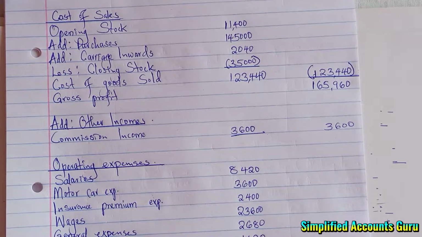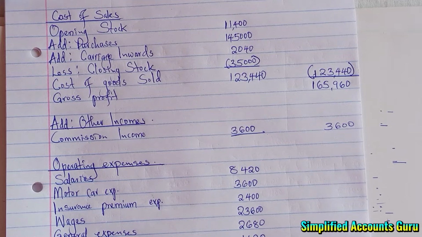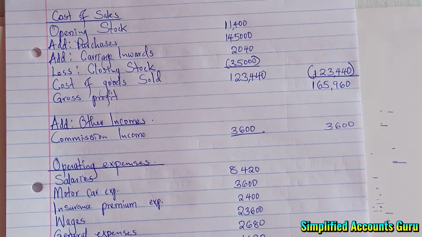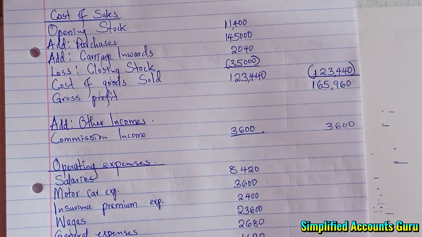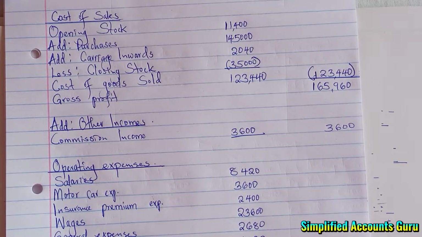Our gross profit was $165,960 plus 3,600 minus 57,710. That gives $111,850.